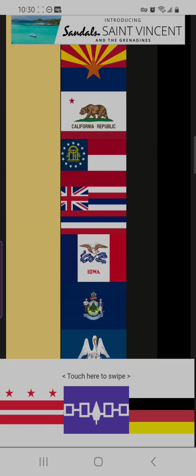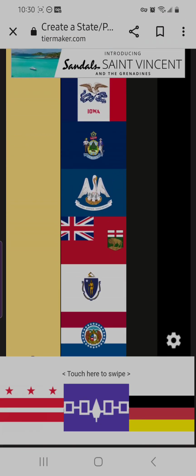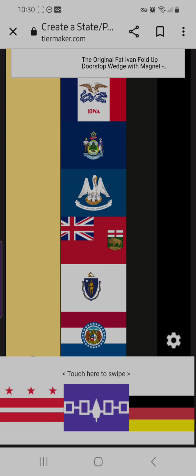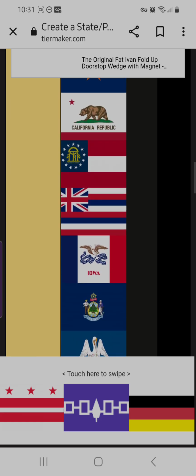Well, DC. DC, the District of Columbia. I thought I was going to see this flag here, but I think they're going by Washington DC, not DC. Well, DC is kind of like a good city flag, and it's good for the district. It's a very good flag in my opinion.